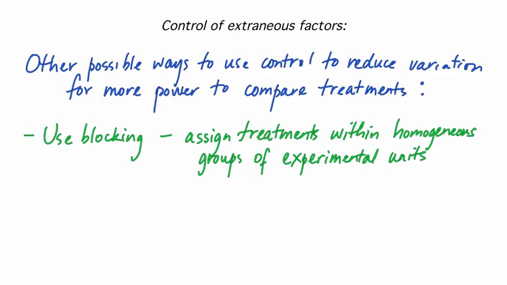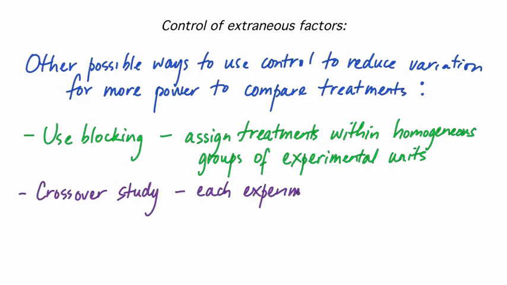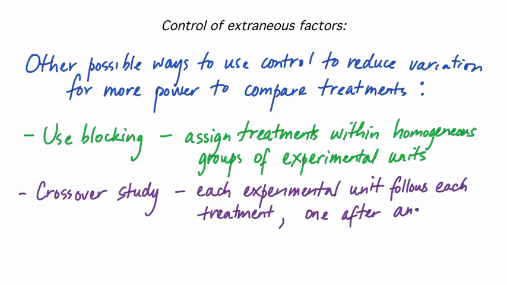We could have done something like this in the CCD study by using a crossover study. In a crossover study, we would have had the subjects follow one diet for a while, and then have them switch and follow the other diet, with the order randomly determined. This would give us matched pairs data and would allow us to compare the dietary treatments within subjects, reducing the effects of the variability between subjects.